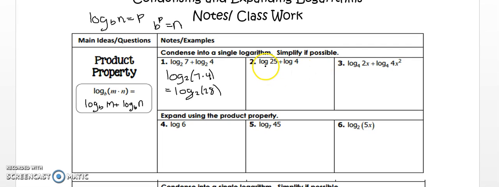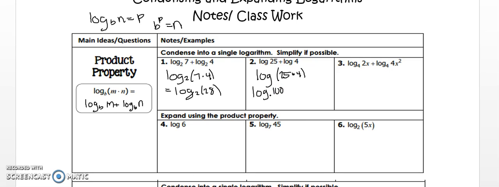All right, look at number 2. This is log base 10. Remember, if nothing is written there, that's a 10. We're doing some addition. These have the same base, so we're going to multiply these two. So we get log, the 10 is implied, of 25 times 4, which is just log of 100.